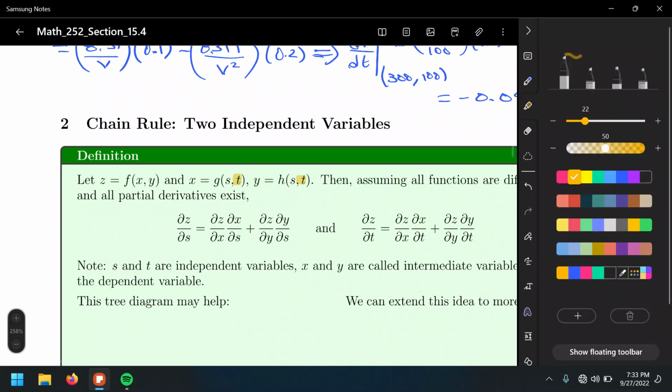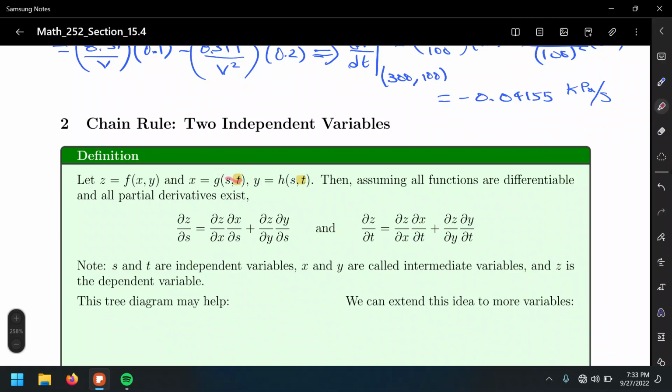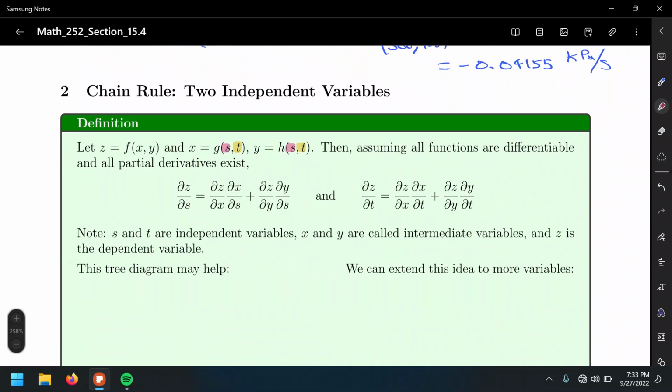This time these independent variables are two. So that means that we are going to find two expressions. In this case, we're going to find two derivatives, one with respect to s and another one with respect to t.